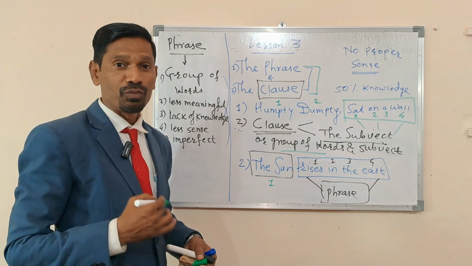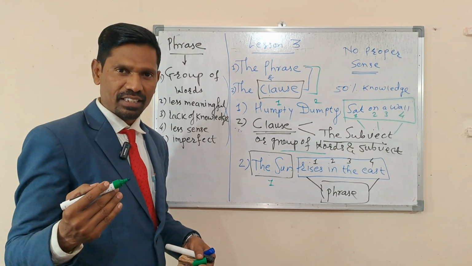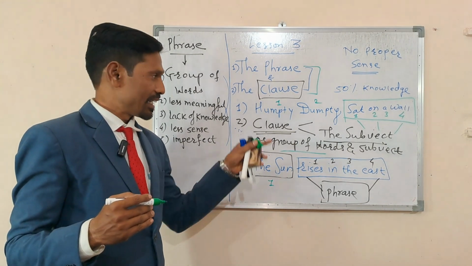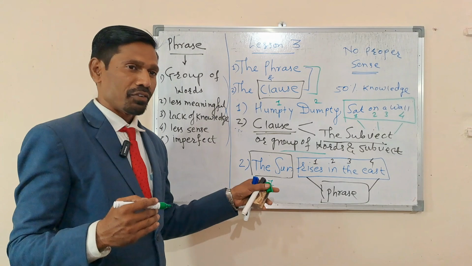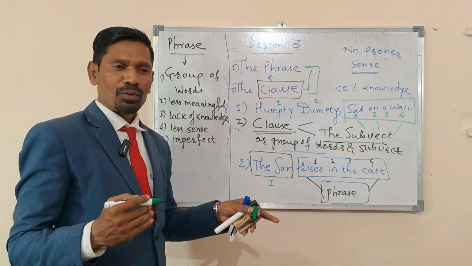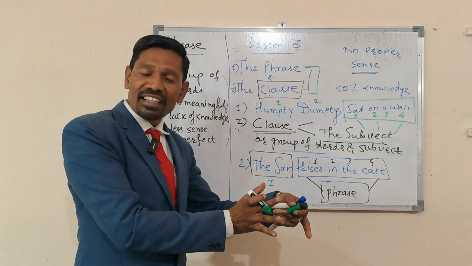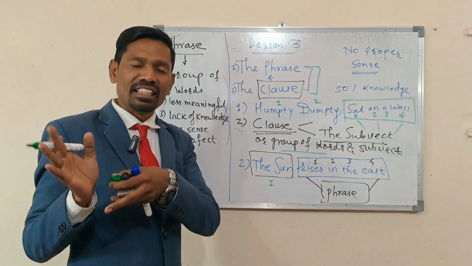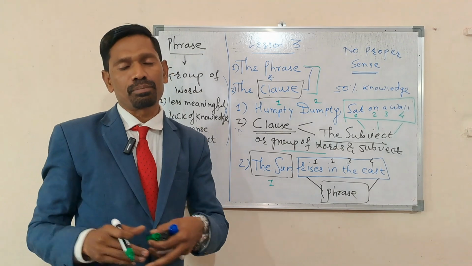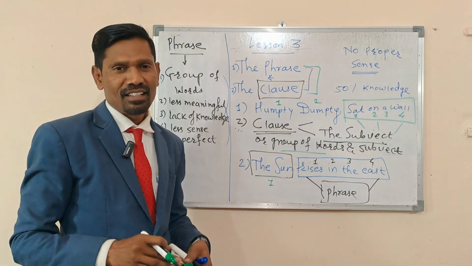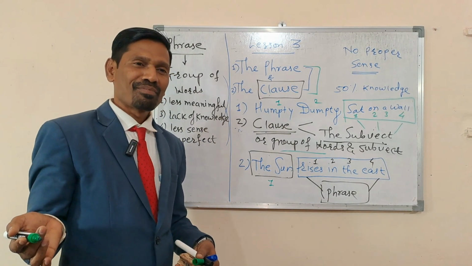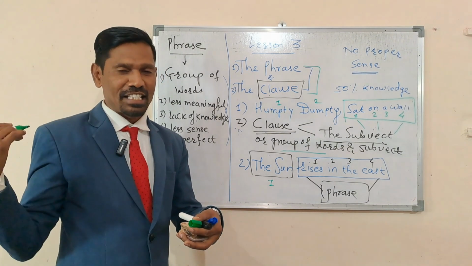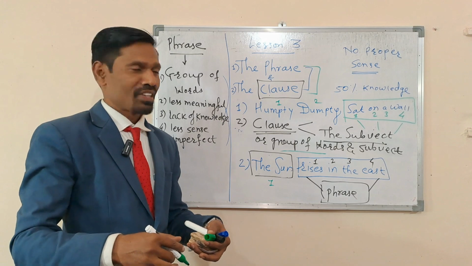In this lesson we covered what is phrase and what is clause and their examples. We directly related this topic with the subject and predicate also. It means we directly correlate with lesson number 2 and lesson number 3.